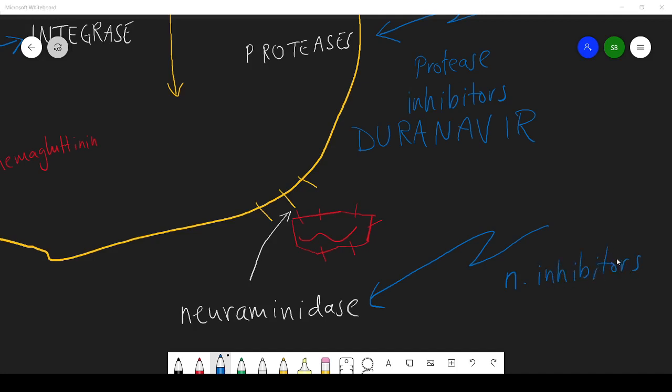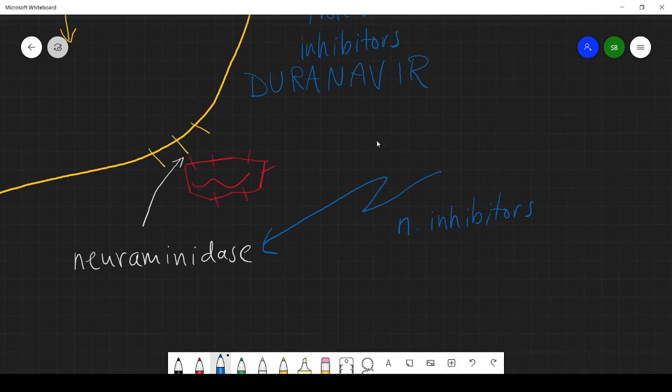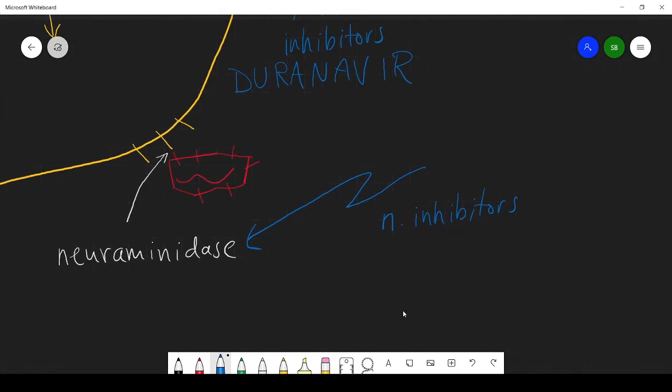One example of this is a drug called oseltamivir, which we might know as Tamiflu, which was stockpiled by governments a little bit recently.